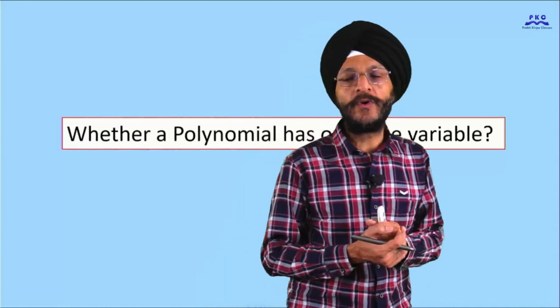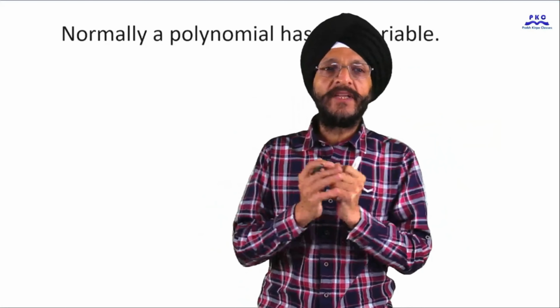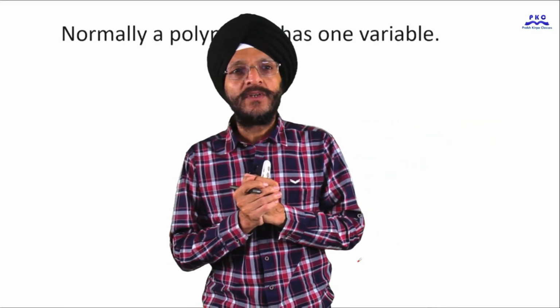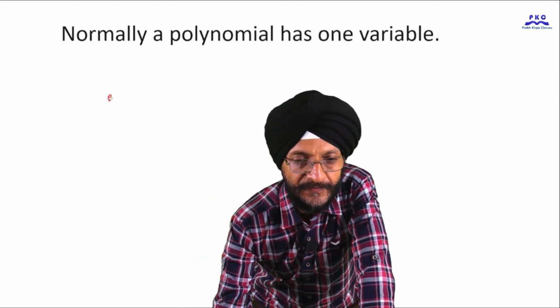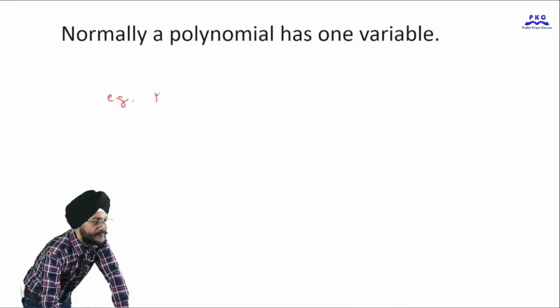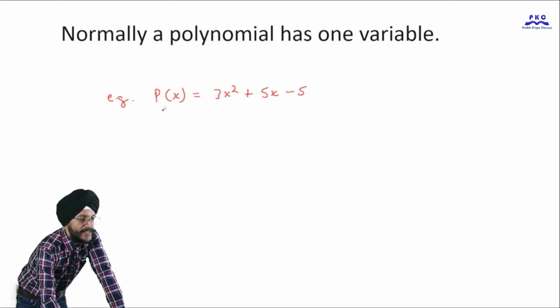Now the question before us is whether a polynomial has only one variable. So the answer is, normally a polynomial has one variable. For example, p(x) is equal to 3x square plus 5x minus 5. Here, what is the meaning of p(x)?